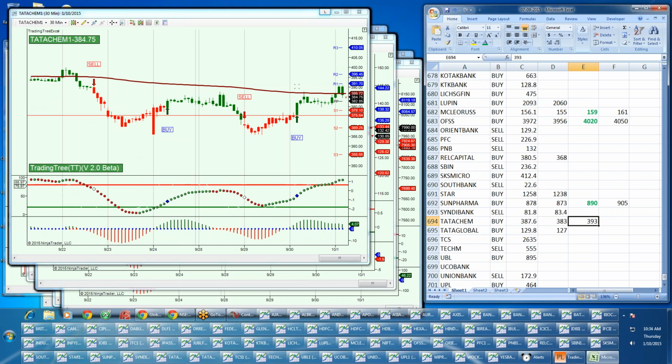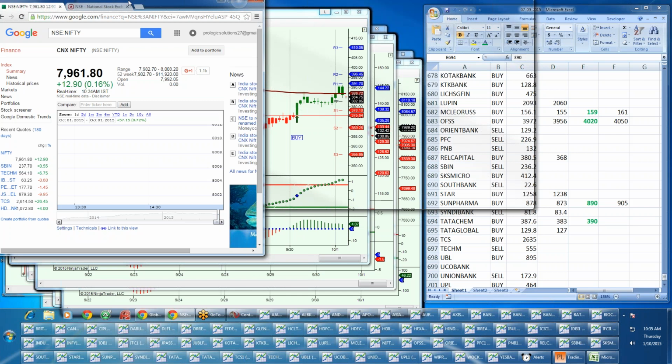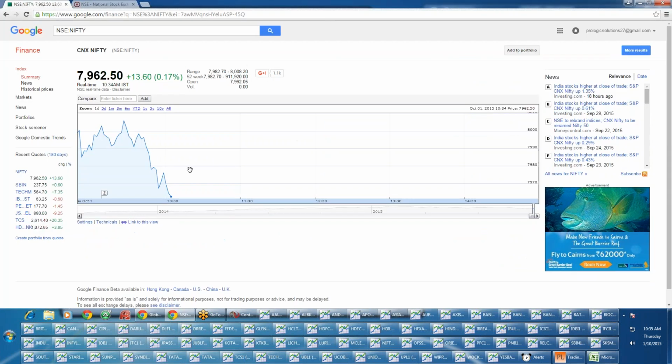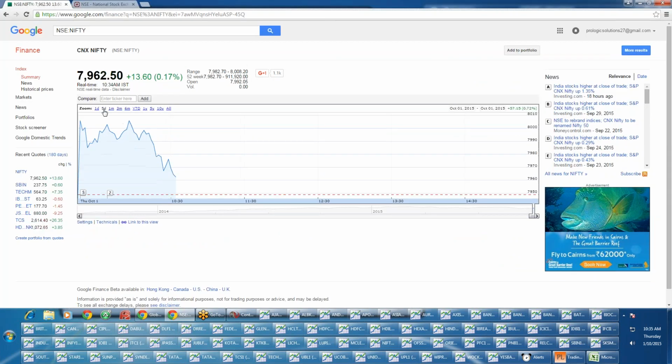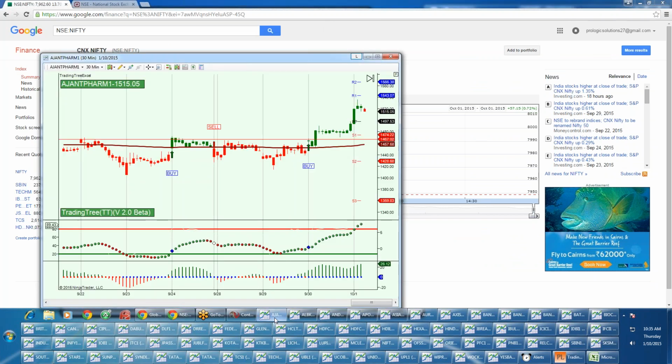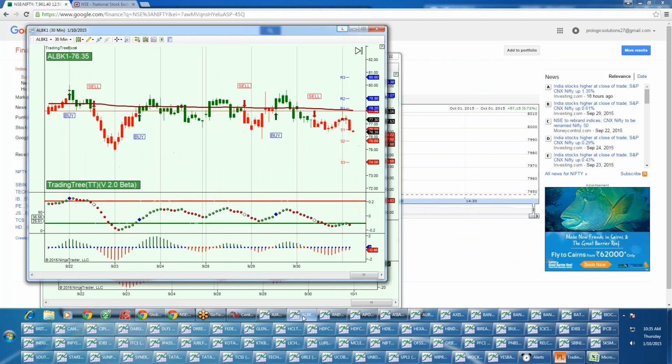So it made 390. The market is already down. You can just see that here. So you're already in profits. You're already in profits in the buy segment. Hope you check that in the morning.